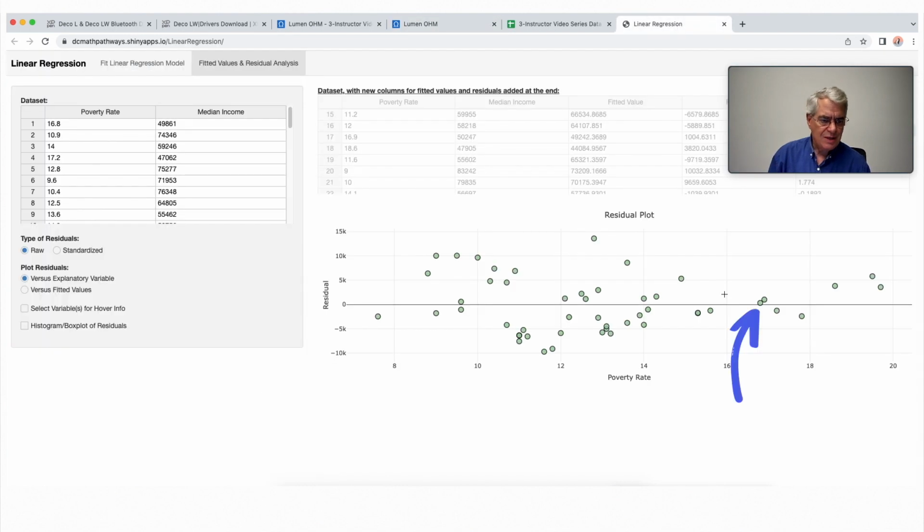Explain what this represents in context. So in context, that means that residual was only $315 off. It was a very close prediction.